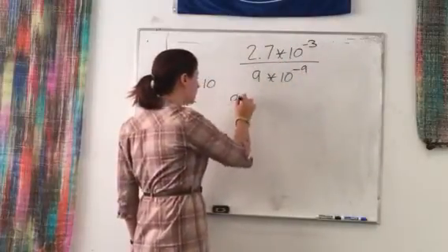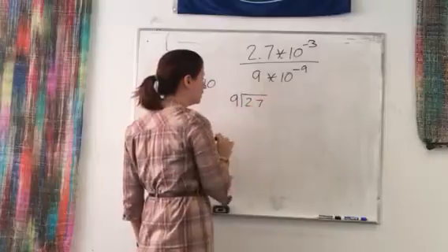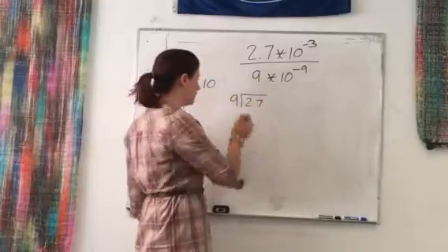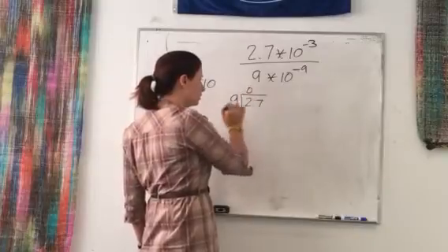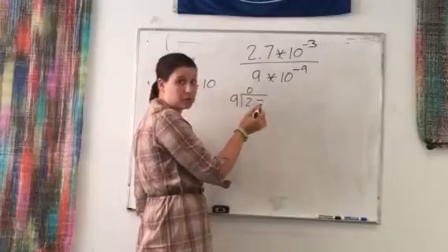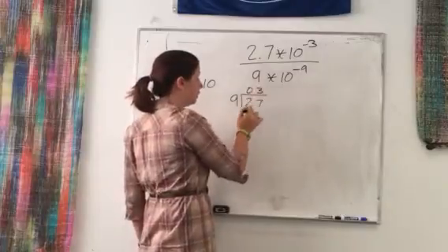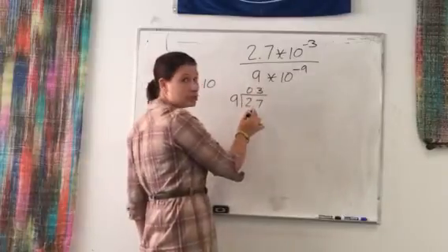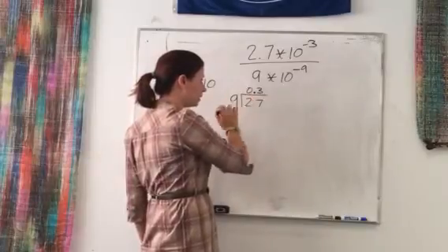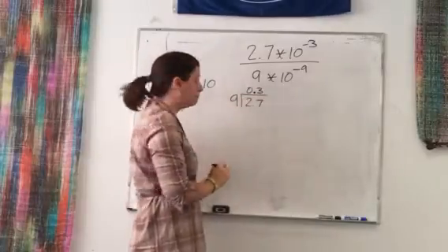So we're taking 9 into 2.7. Forget about the decimal for right now. We'll come to that afterwards. 9 does not go into 2, so put a 0. 9 does go into 27 3 times. Well, out of our original numbers, only one decimal place. So one decimal place means 0.3.